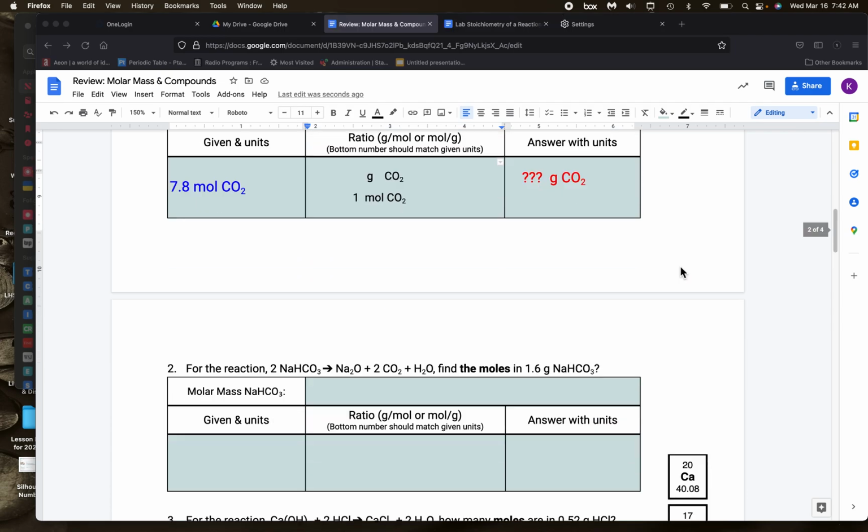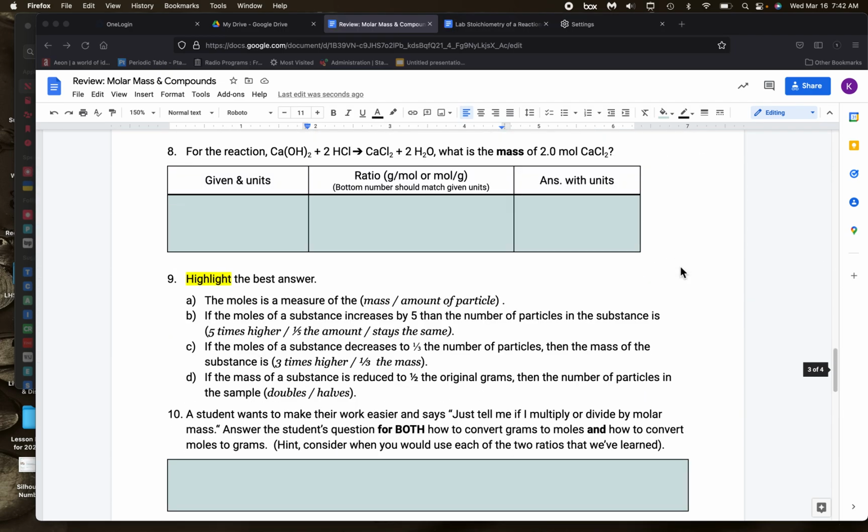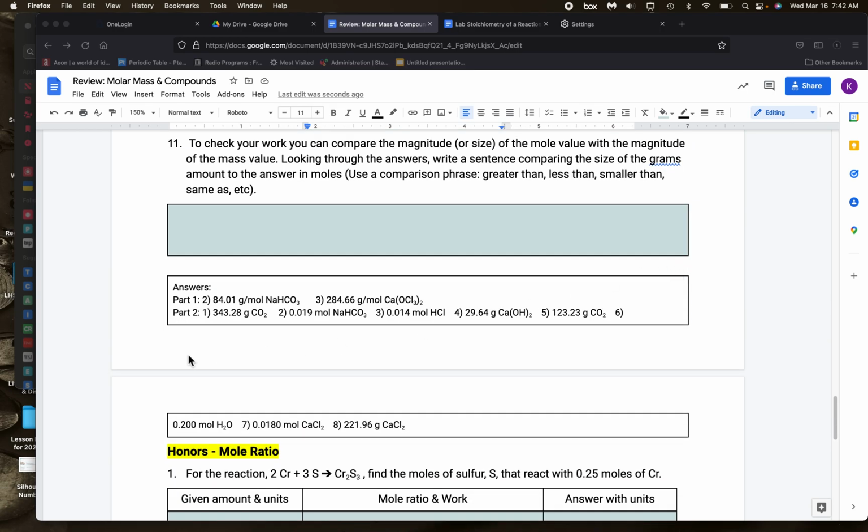Two things. One is the answers are down here, and this answer was incorrect on the handout and probably on the Google Doc, and this answer was also done incorrectly.